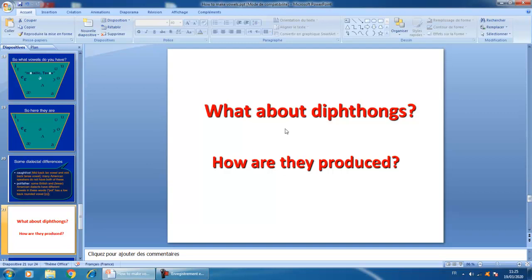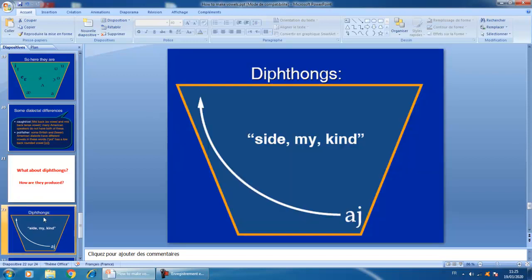Now, what about diphthongs? How are they produced? In fact, in a diphthong, we have what we call a gliding movement from the position of the first vowel to the position of another vowel. Let's talk about this one that we articulate as I, as in side, my, kind.